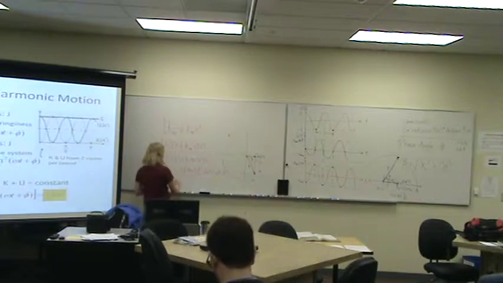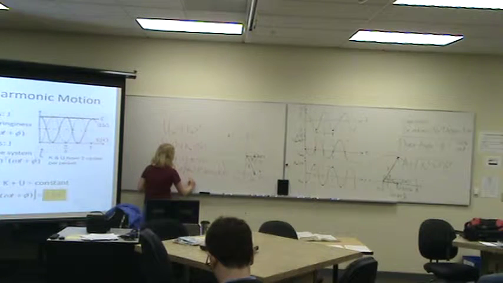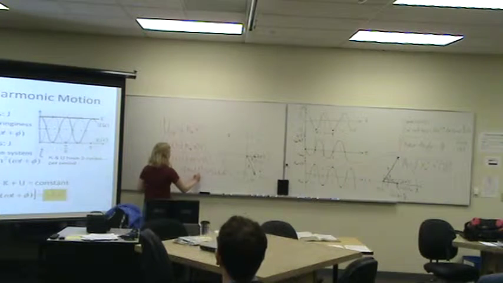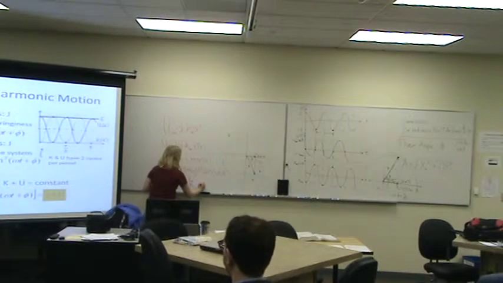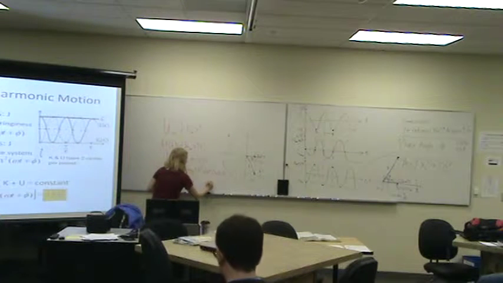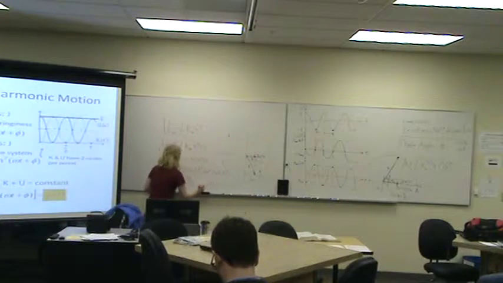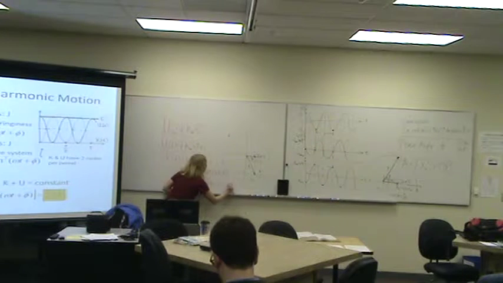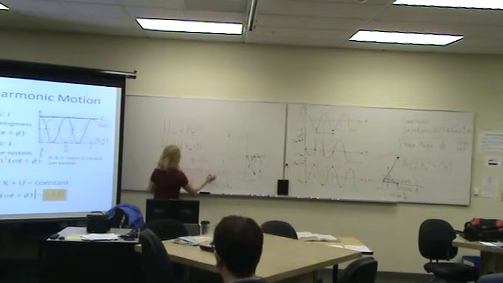If we remember, omega is the square root of k over m. If you square that and rearrange, then m omega squared equals k spring, not squared.